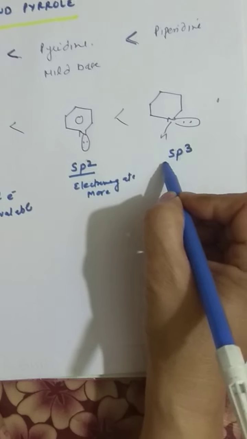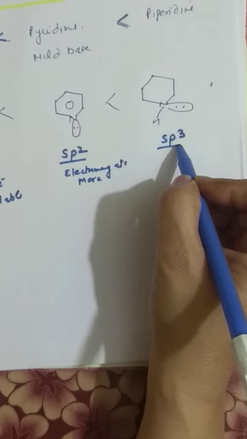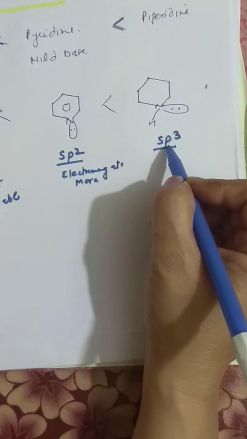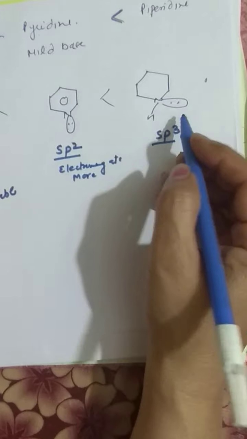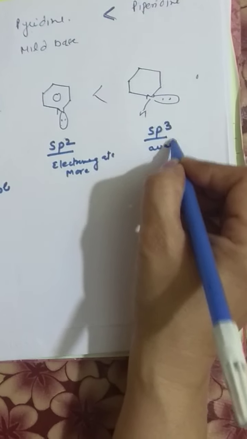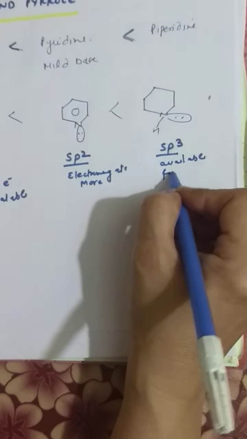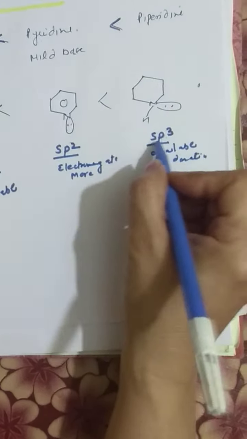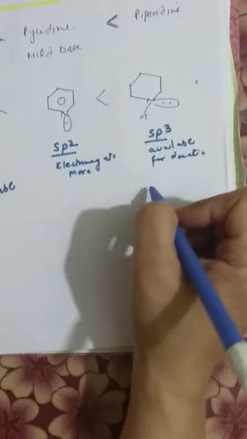But in the case of piperidine, nitrogen is less electronegative, so it loosely holds the electrons. So it can easily donate them. So piperidine is more basic than pyridine. That's it.